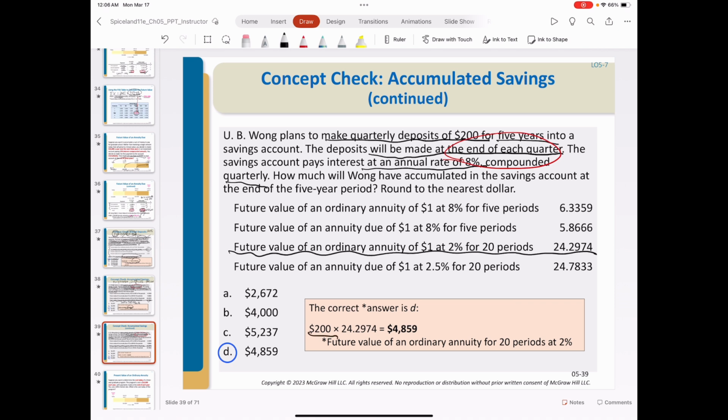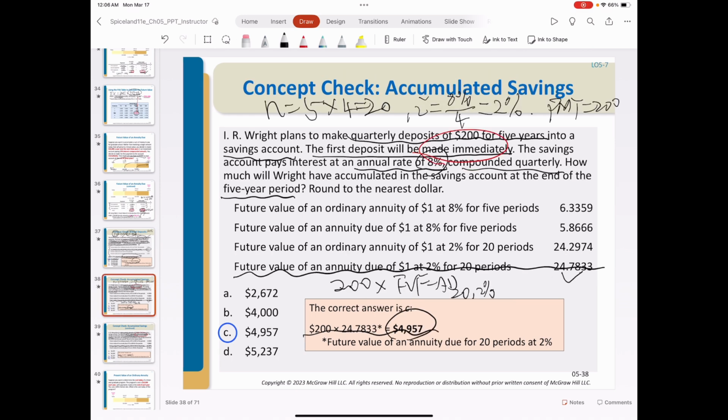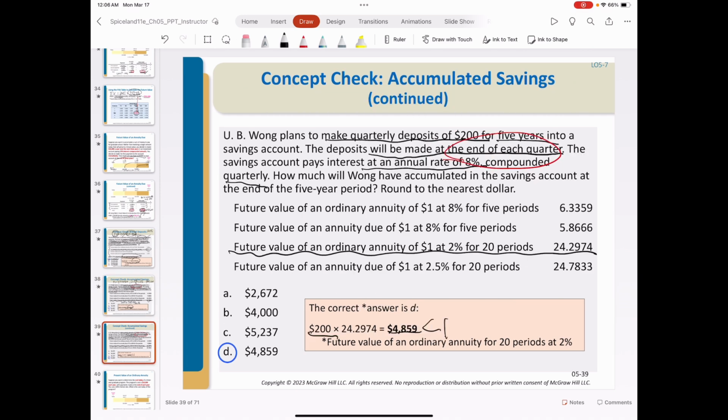Multiply the periodic payments. We get $4,859, which is less than the last example, $4,957. The reason is because the payment was made one period later, so it accumulates less time value of money than the annuity due.